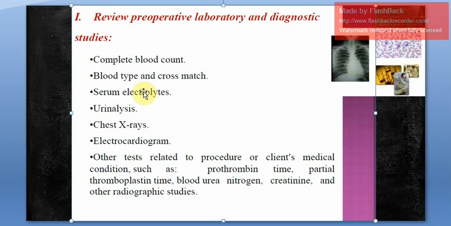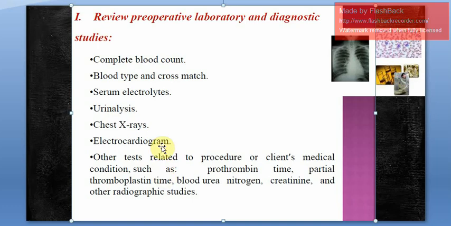Serum electrolytes are essential to know whether the person has normal renal function. Or commonly you can perform the renal function test also, which includes blood urea levels, serum creatinine levels, then BUN, that is blood urea nitrogen levels.